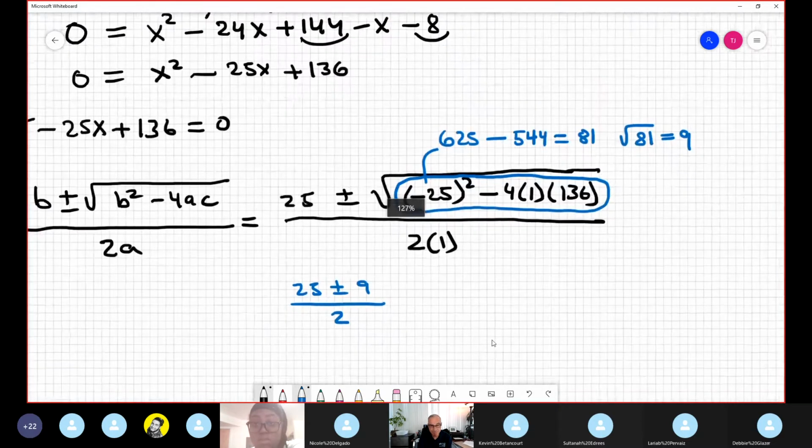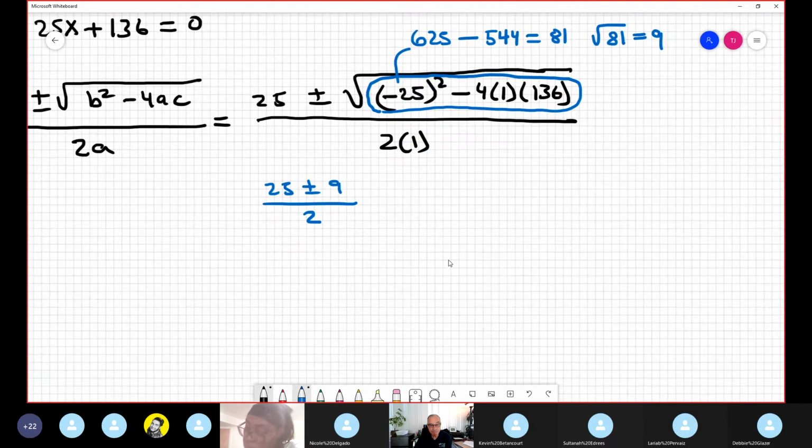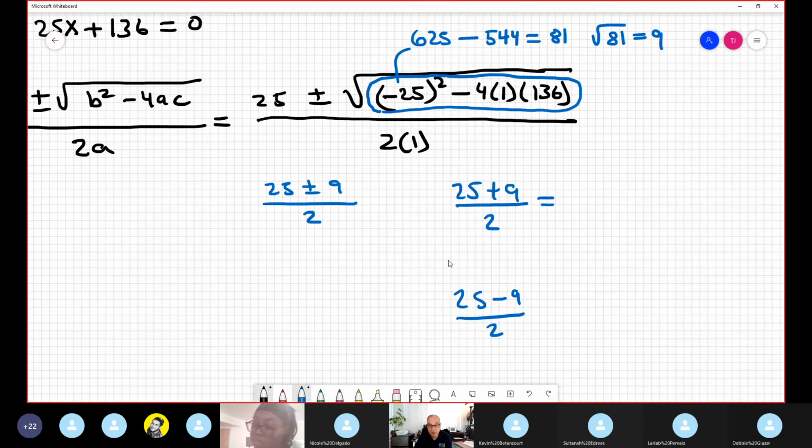Okay, now I separate 25 plus 9 over 2 and 25 minus 9 over 2. 25 plus 9 is 34. Divided by 2 is 17. 17 is my first potential solution.